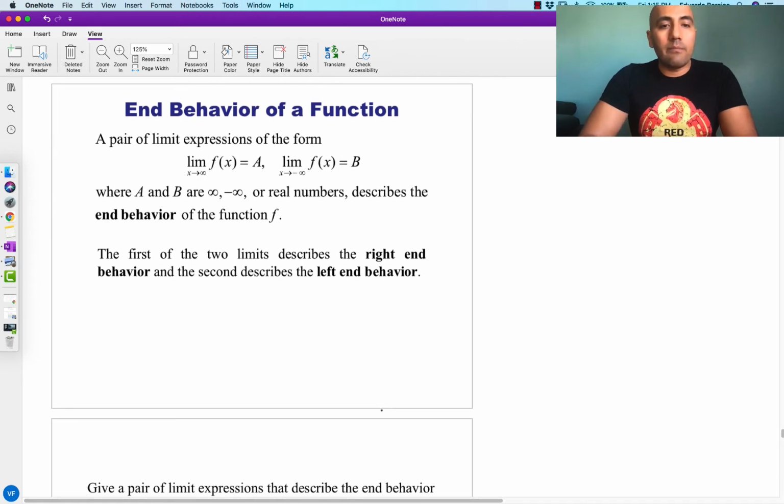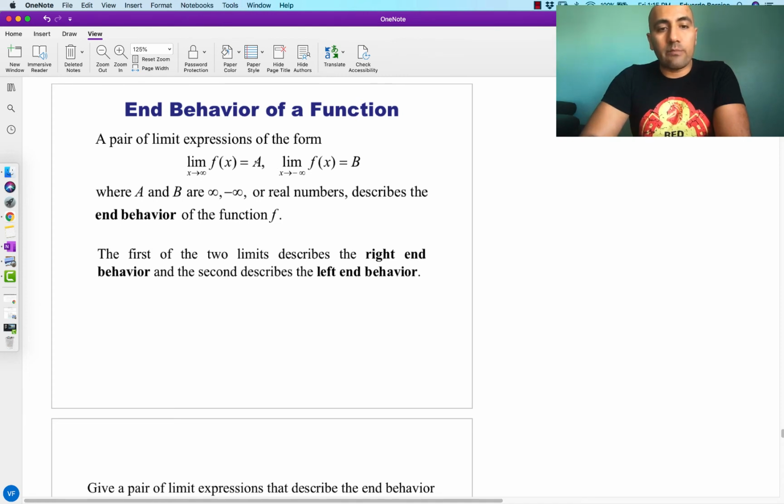So, end behavior of a function. A pair of limit expressions of the form the limit as x approaches infinity of f of x equals a, or the limit as x approaches negative infinity of f of x equals b, where a and b are infinity or negative infinity or real numbers, describes the end behavior of a function. Right? So where is it going as x approaches infinity?